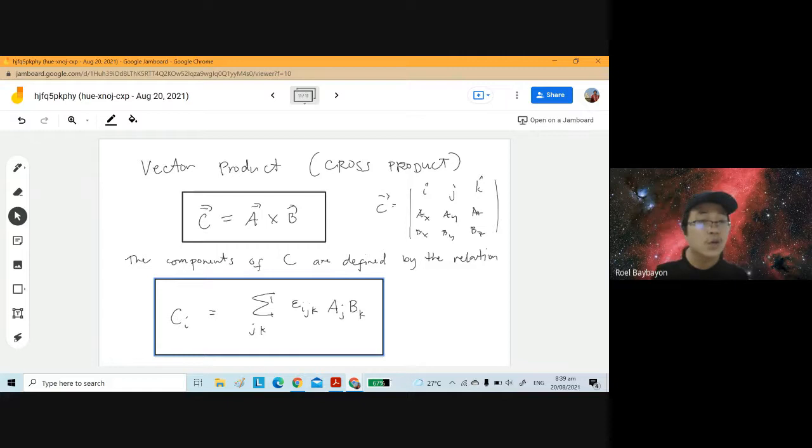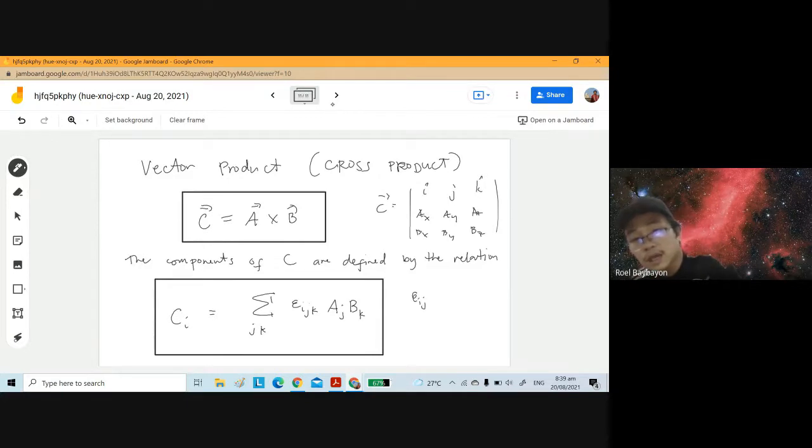Okay, take note. If you get the component Ci, then this epsilon IJK is called the permutation symbol, or sometimes we call this the Levi-Civita density or Levi-Civita symbol.